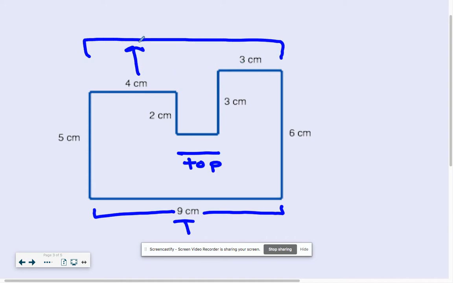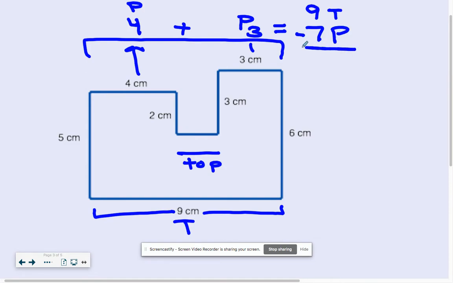I have a 4, which is a part, and a 3, which is a part. And I know that my total was 9. Well, if I add those two parts together, I get 7. So if I take my 9, which is the total, minus the 7, which are the two parts I know, I find out my missing amount, which is 2. So this amount right here is going to be 2 centimeters.